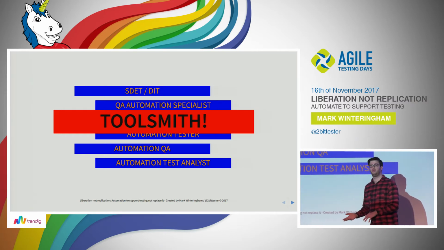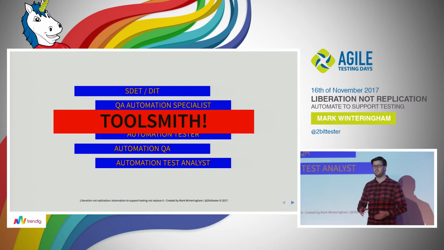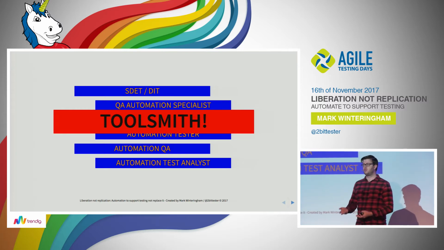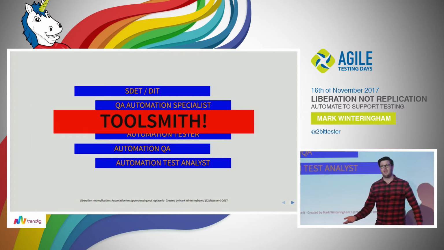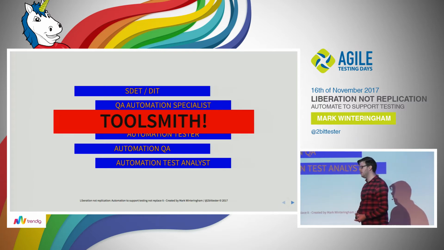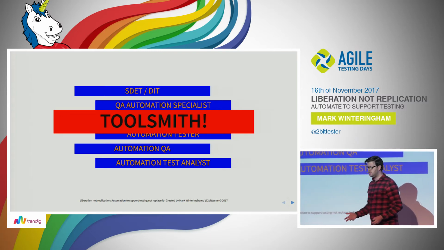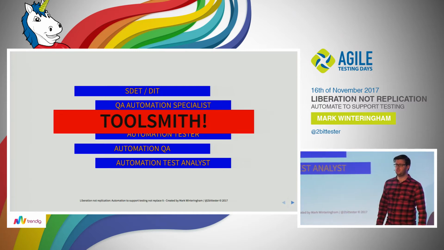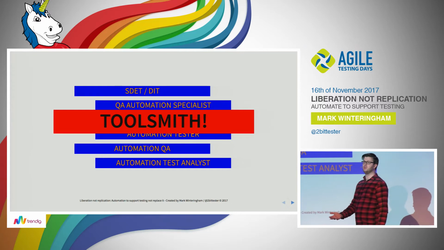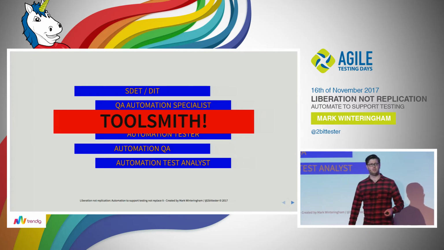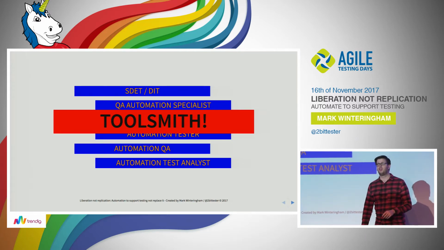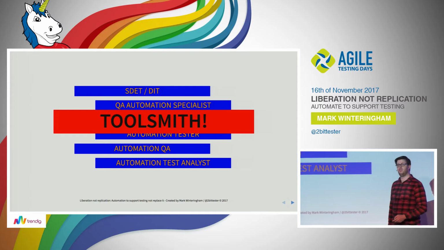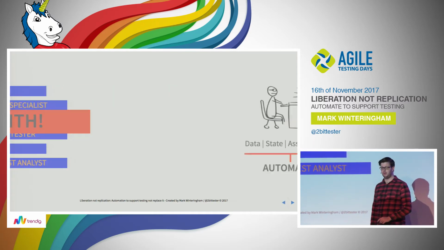So then I switch to my toolsmith mindset, and then I can look at creating tools. Now, not everyone is a programmer, not everyone is an automator. So my advice is find someone who is a toolsmith or potentially a toolsmith in your team and strike up a conversation with them. Bring them a cookie or something like that and bargain with them to get you to set up some tools for you.